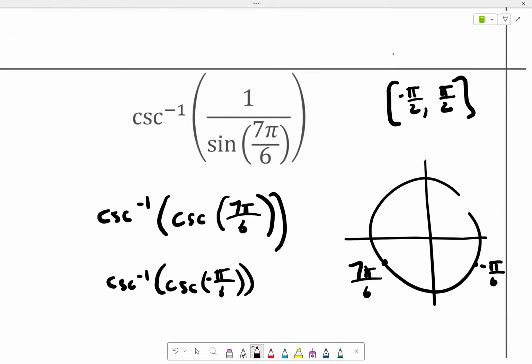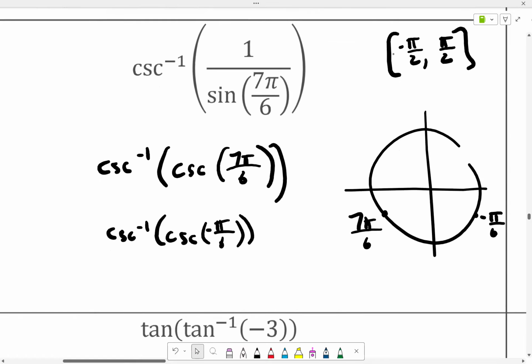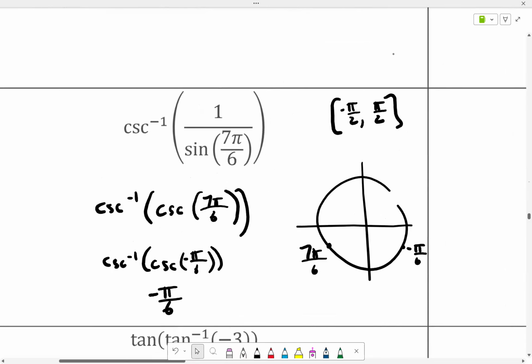And once we have this, they cancel, leaving us with negative pi over 6. Now maybe you actually found the value there, and that's fine. It became cosecant inverse of negative 2. It's fine to do it that way. I just want to illustrate the process of it.